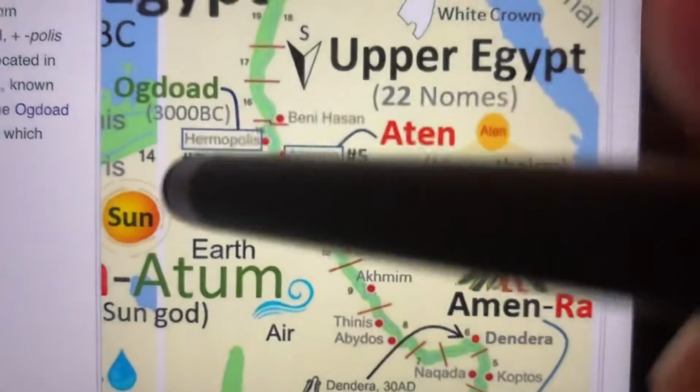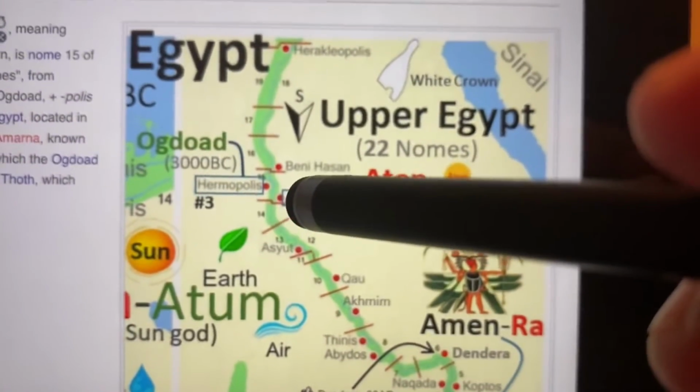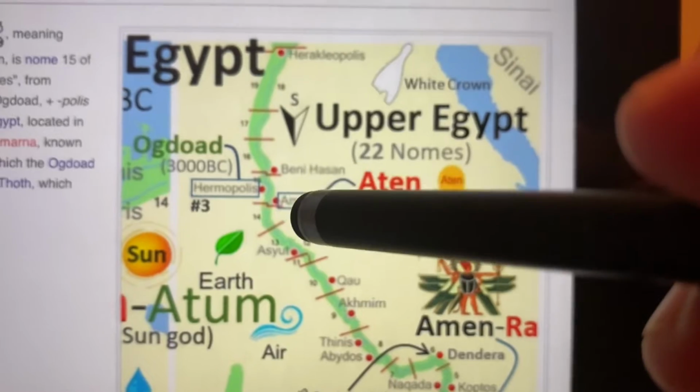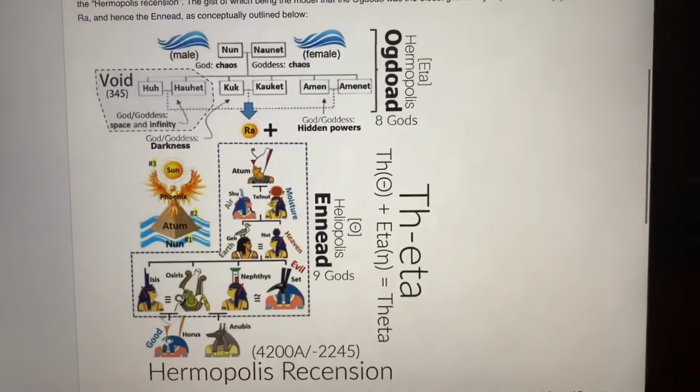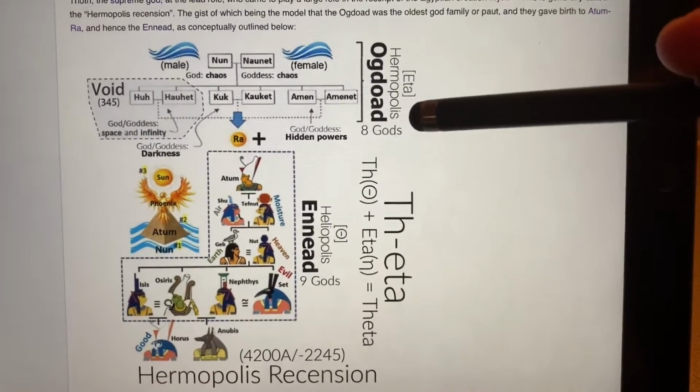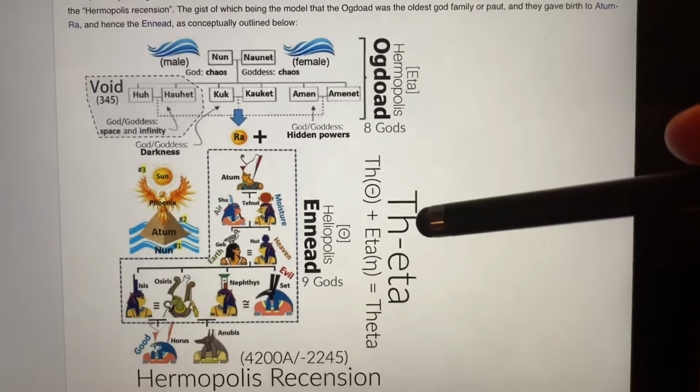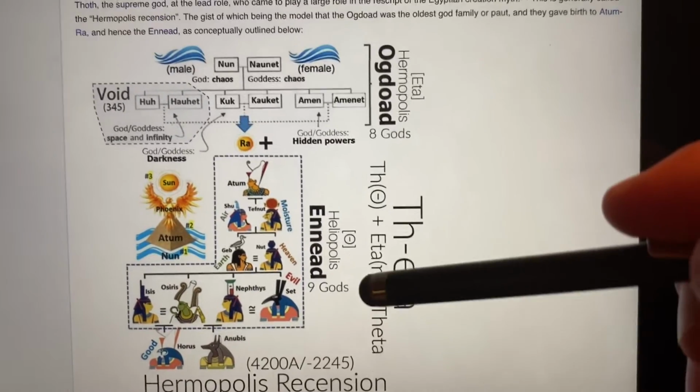And this comes from Hermopolis. This is the town of Hermes. So according to the Hermopolis recension, the Ogdoad bursts out Theta, or the Ennead.